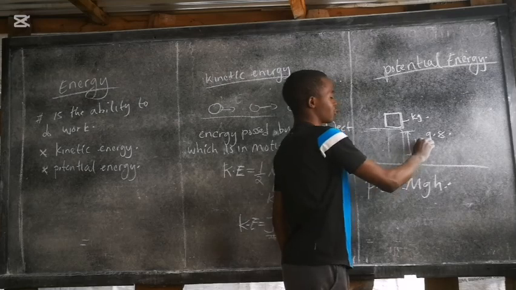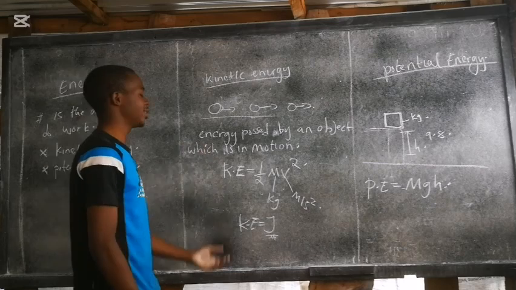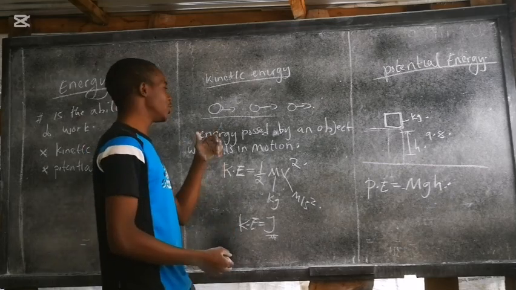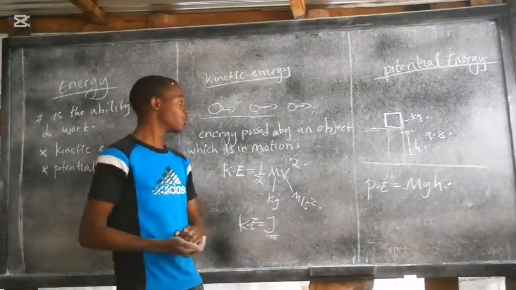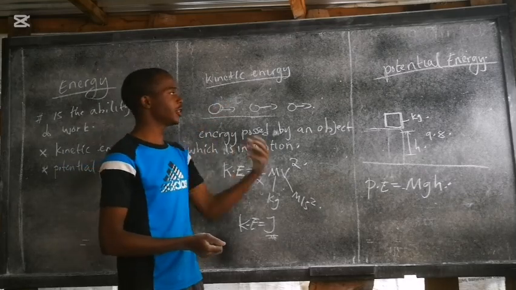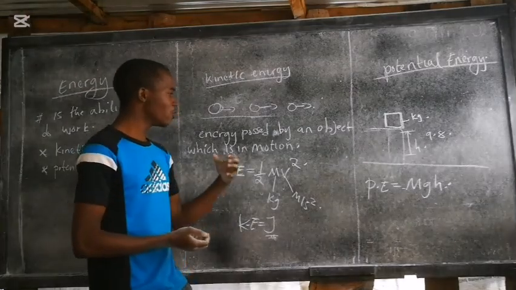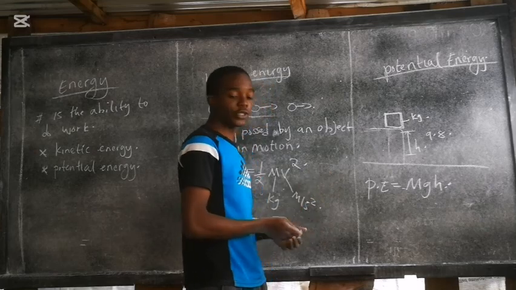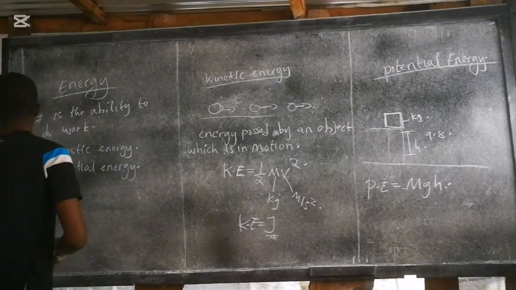That is the only thing you need to know on potential energy. Even kinetic energy is simple. When you start answering different questions, it will help you enhance your understanding of kinetic and potential energy. Now, let's move on to the last thing we'll consider today, which is power.